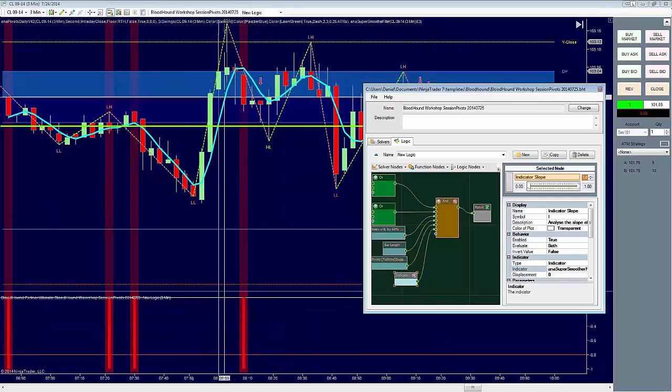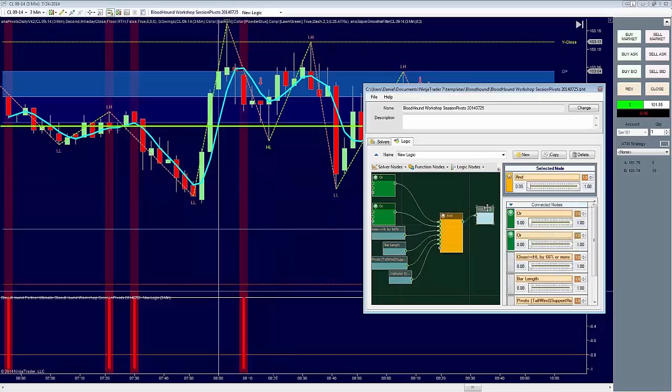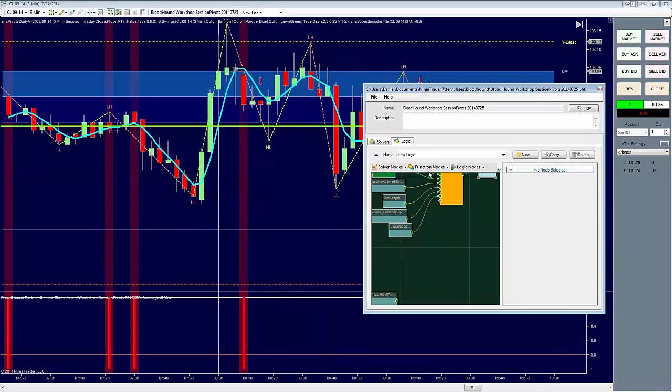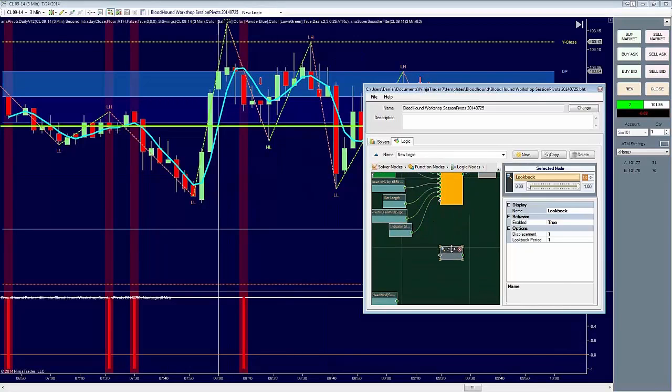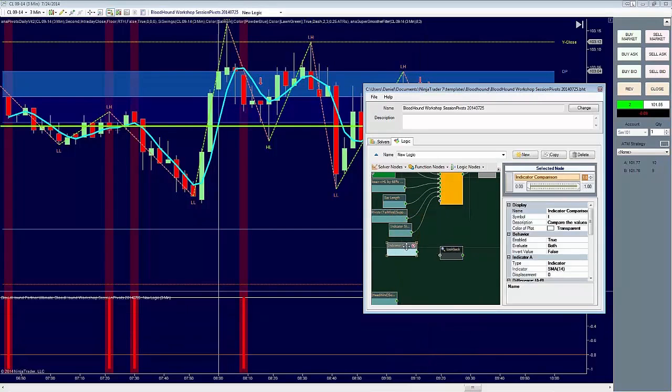If we wanted to eliminate that, let me build this condition for you. It'll show you how to use the Lookback function node as well. I'm going to use another comparison solver to show whether this super smoother filter is above or below the pivot point.